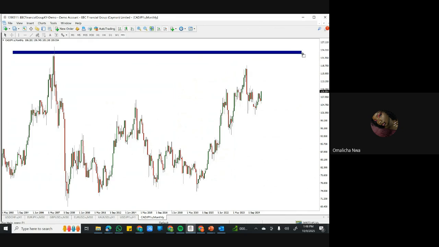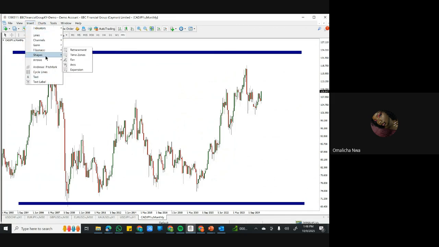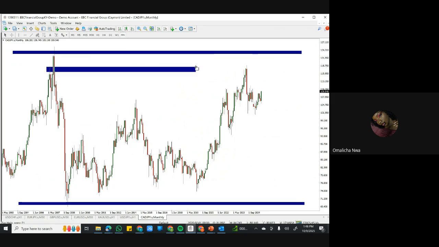This is an area of resistance. It's not a zone, it's a line. This is an area of support. It's not a zone, it's a line, right? This is an area of resistance.